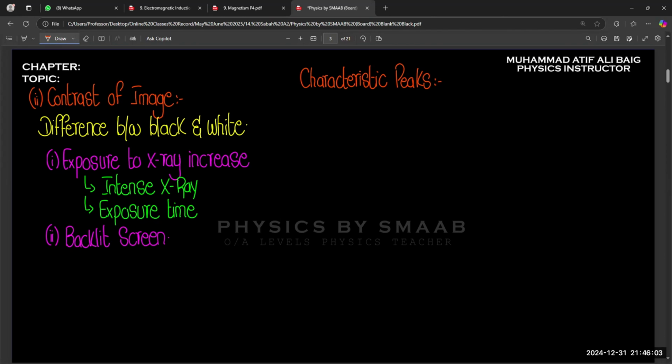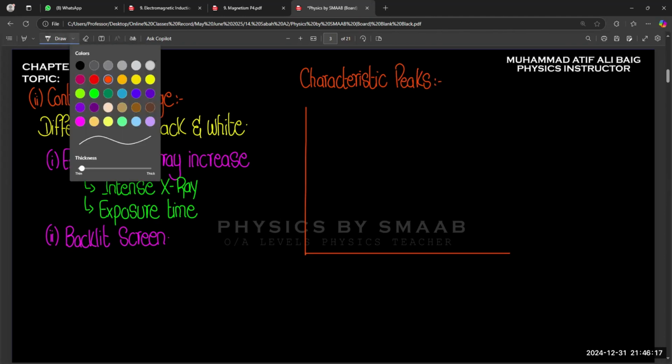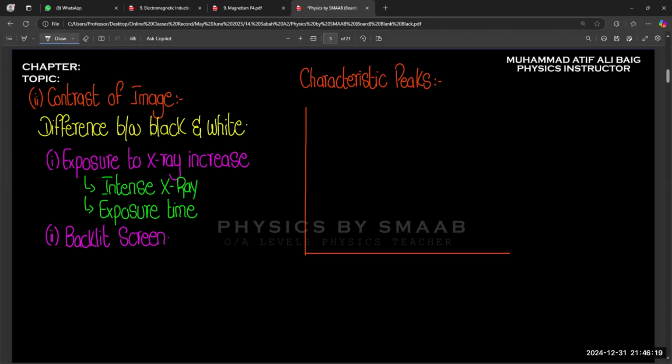On the other axis, we are going to mark wavelength, like this. So on the y-axis we have, let's suppose, intensity, and we have X-ray wavelength on the x-axis.